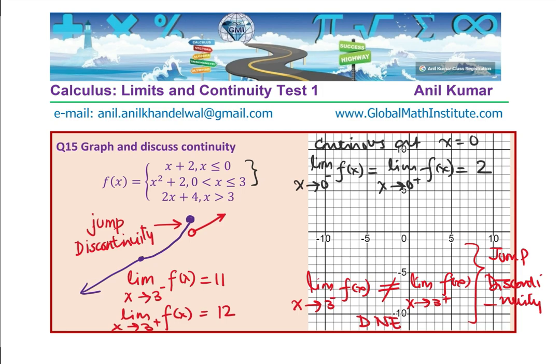Since the limit exists and the value of the function at 0 is also 2, the limit and the value of the function being the same means it is continuous. You get the idea. So that is the reason why the function is continuous at 0 but discontinuous at 3.